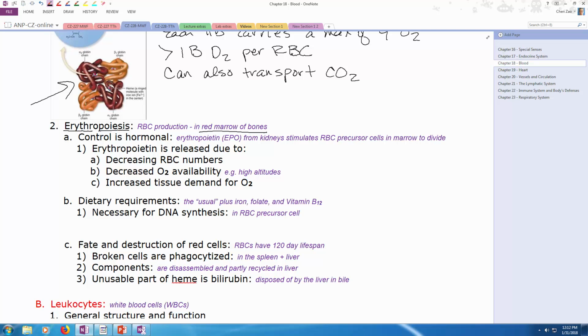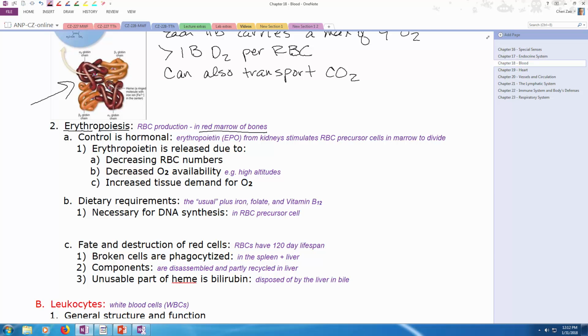Okay, so the ilium, and is that it? Head of the humerus and head of the femur. So that's where our red marrow is now. When we were first born, red marrow was everywhere, and so there was a lot of hematopoietic centers, but no longer the case for us. So that's where we actually make red blood cells and white blood cells, because red marrow is also going to make red, white, and platelets.